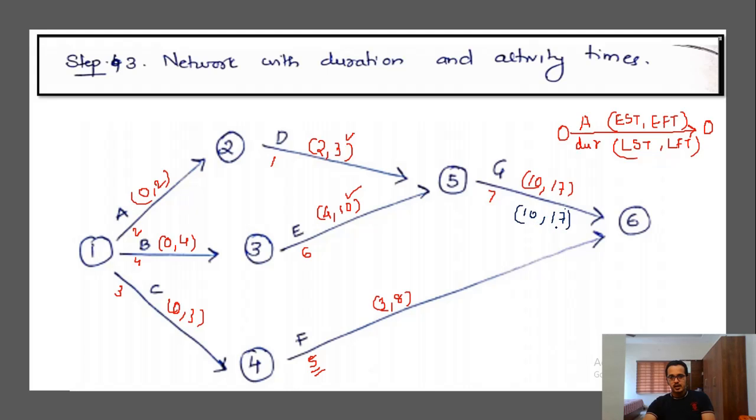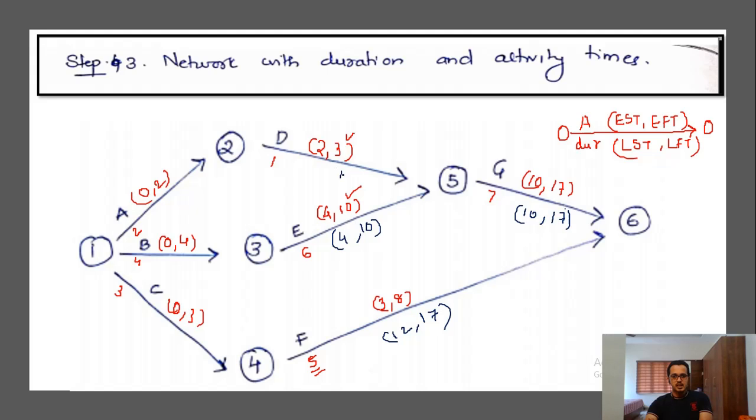This 10 is obtained by subtracting 7 from 17. Then here also it will be 17 and 12. Then this 10 will be moved backward to 10 and 4.